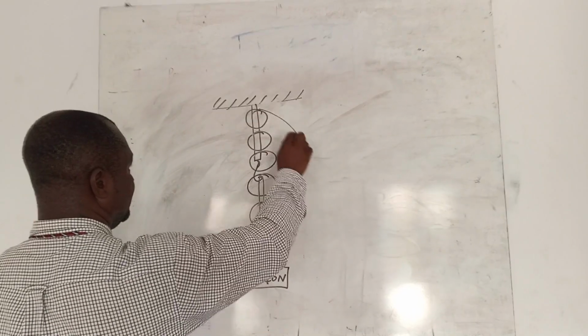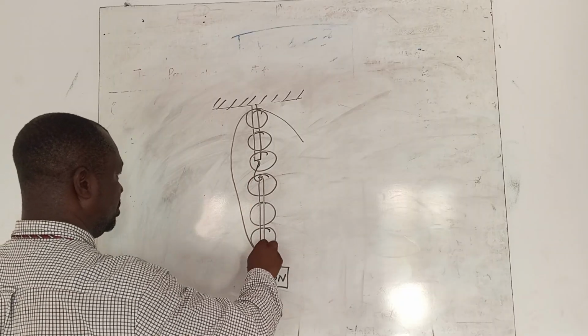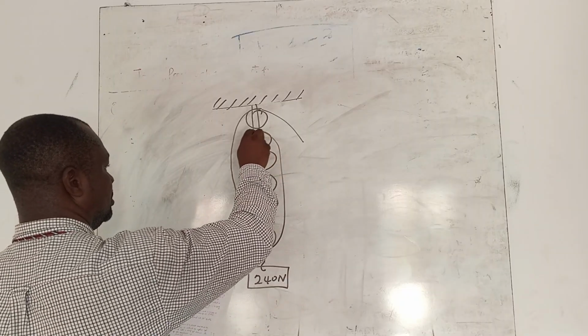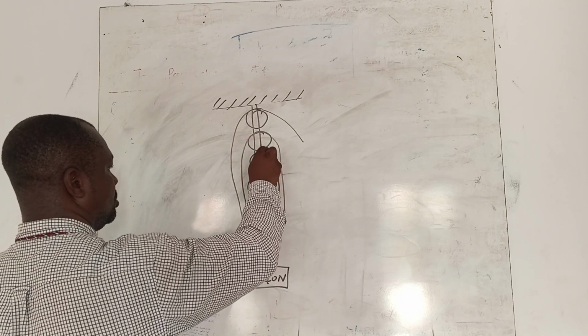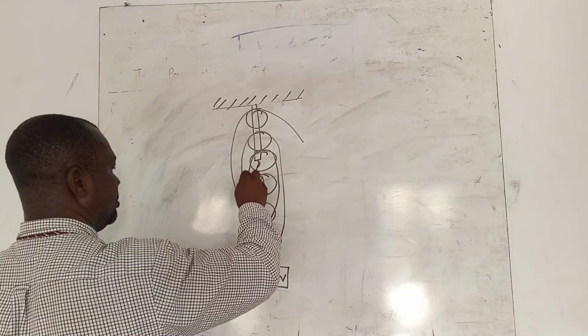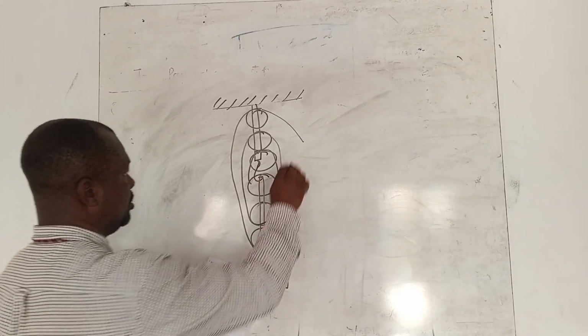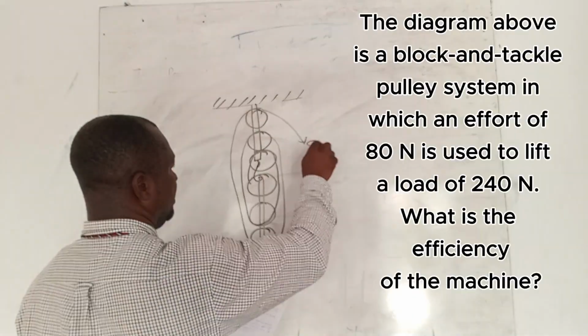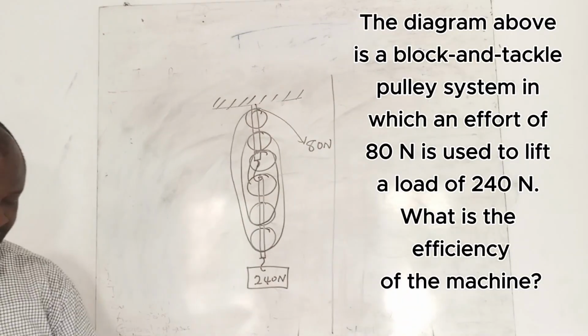This one comes like this, and then we have 1, 2, sorry, 3. So 80 newtons.